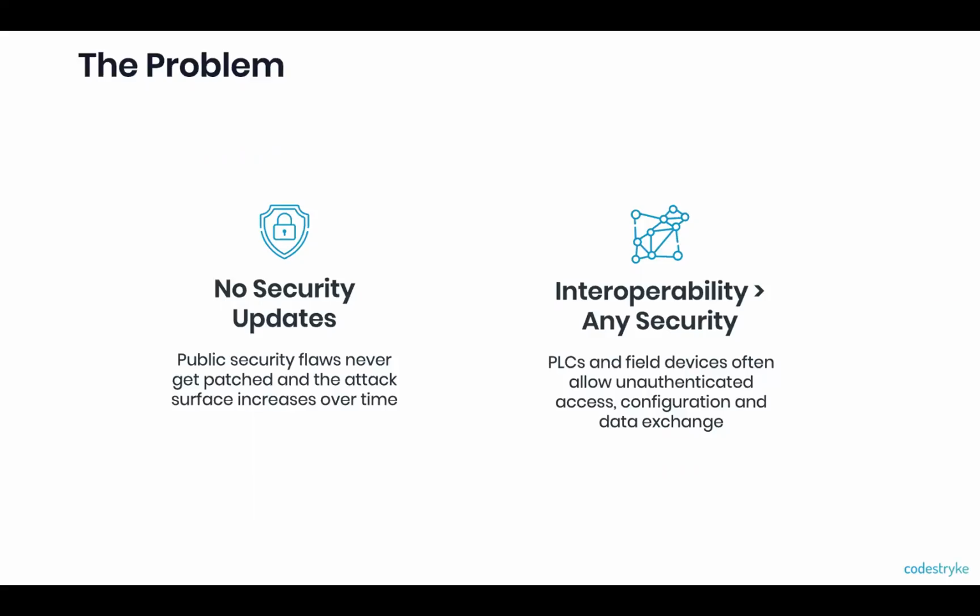And the second problem is that the PLC as a whole system is often made for interoperability above any security measures. So the PLCs and the field devices often allow unauthenticated access, configuration, and data exchange, because for some communication use cases, encryption or authentication just isn't possible, because the communication has to be fast and deterministic.